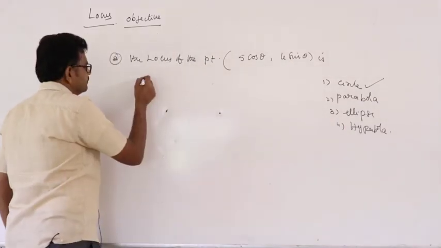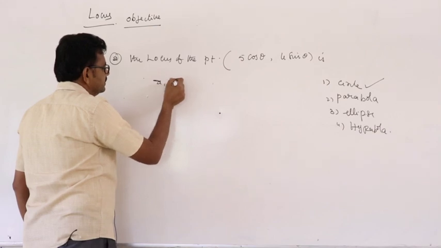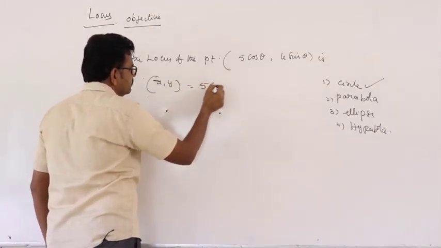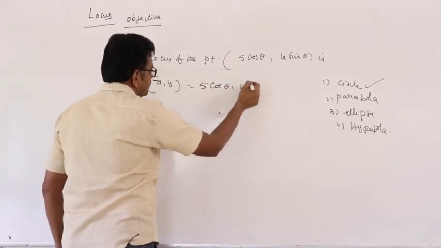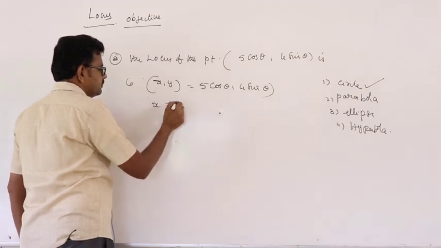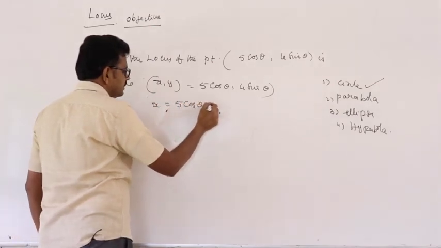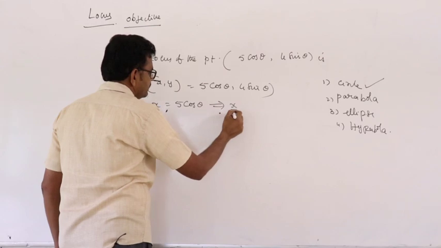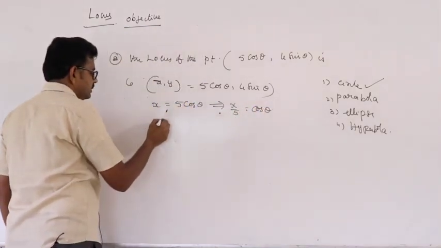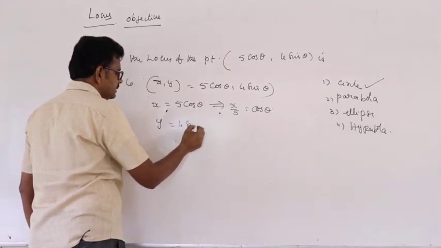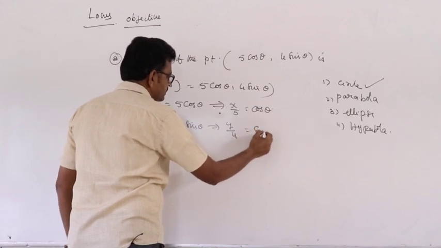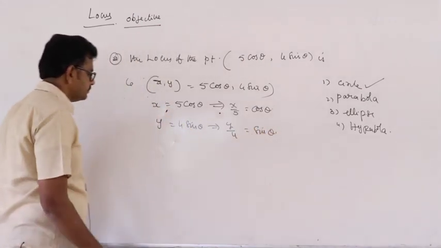Let the point be (x, y) equal to (5 cos theta, 4 sin theta). x is equal to 5 cos theta, implies x by 5 is equal to cos theta, and y is equal to 4 sin theta, implies y by 4 is equal to sin theta.